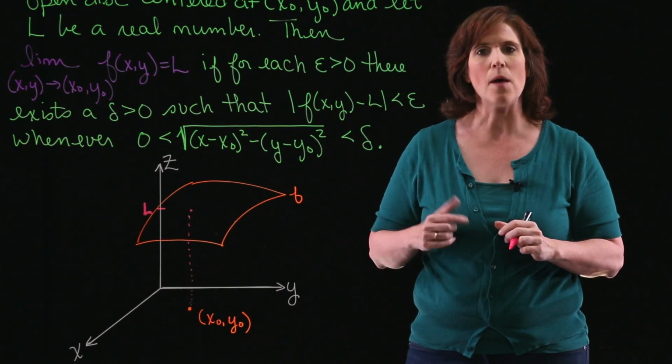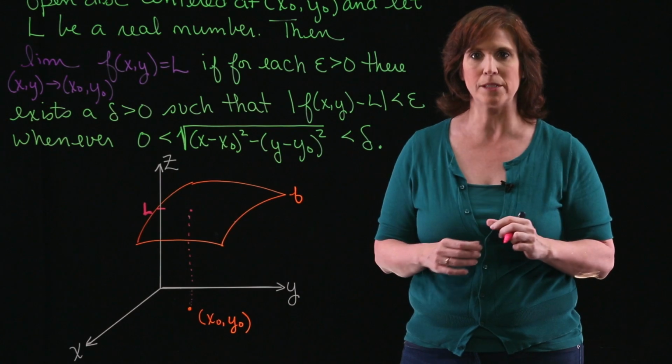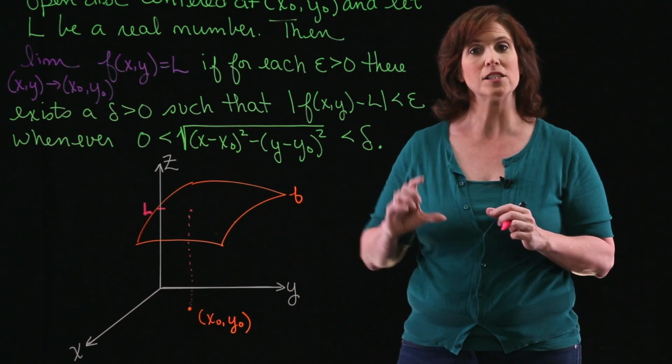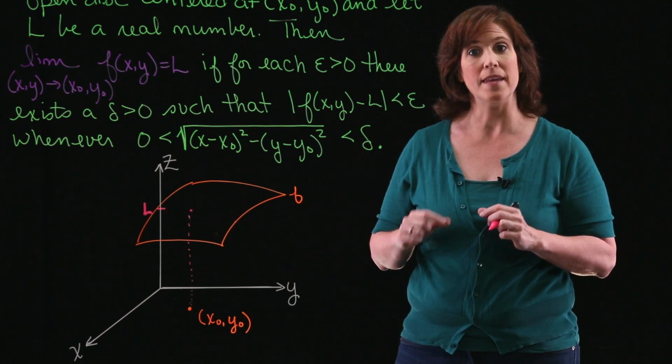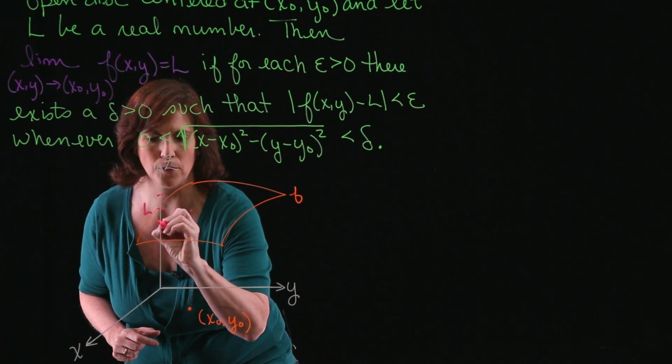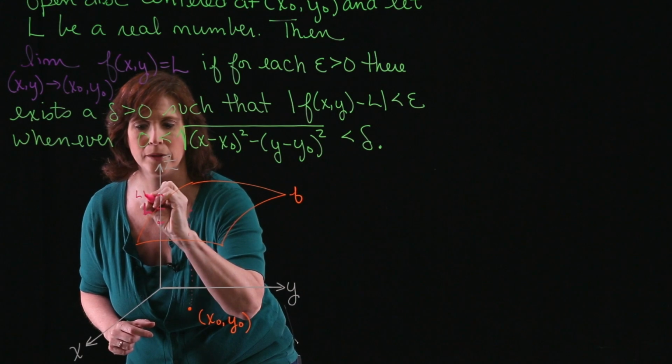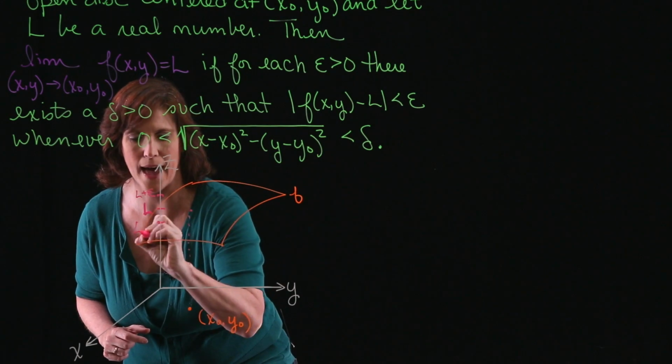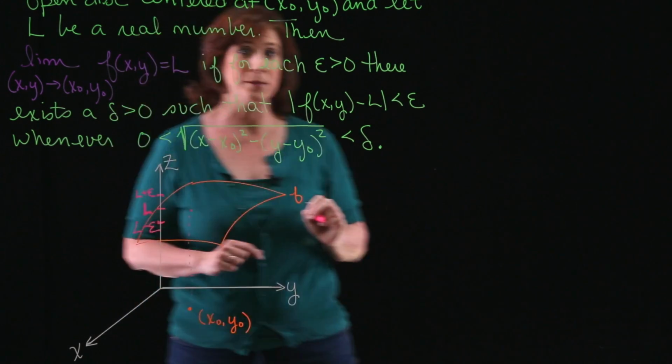So what I'm doing is I want to be able to choose any epsilon I want. Epsilon is going to be a tolerance around the number L. So if I move a little bit higher than L and a little bit lower than L, this will be L plus epsilon, and this will be L minus epsilon.